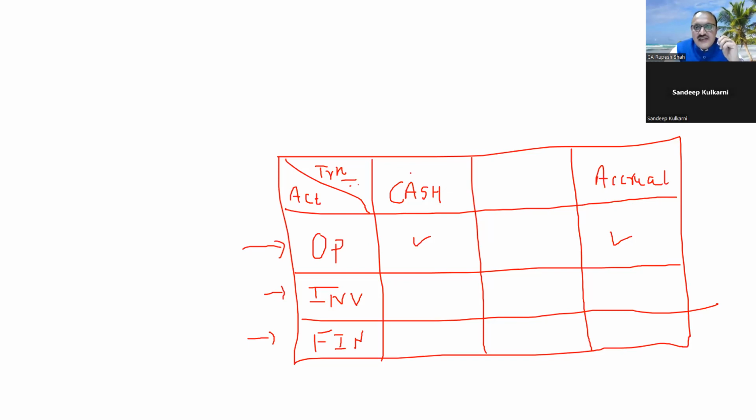Now, having said cash transaction and accrual transaction, there is a third category of transaction in the business. And the question arises, what is that third category? Now, please listen very carefully. When I say there is an existence of a cash transaction, by logic, without speaking, I am accepting the existence of a non-cash transaction.